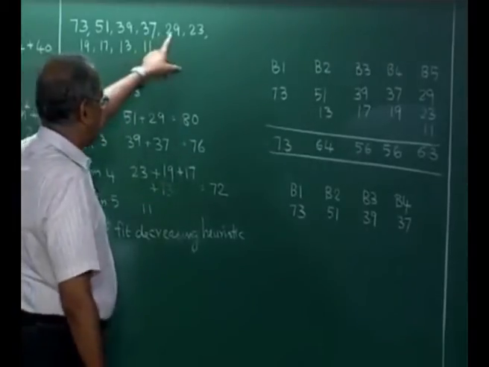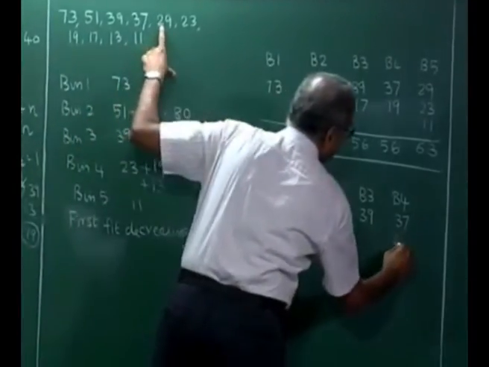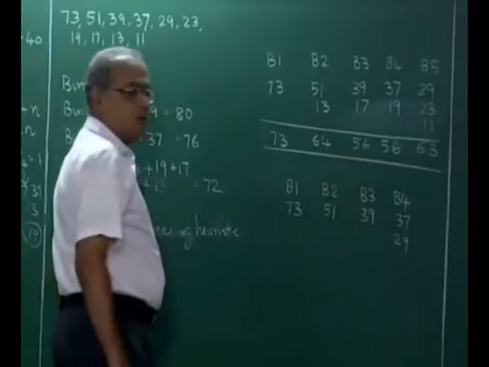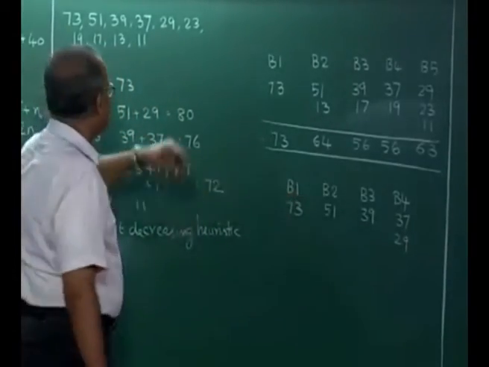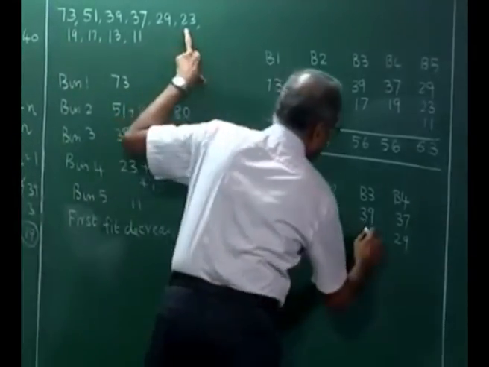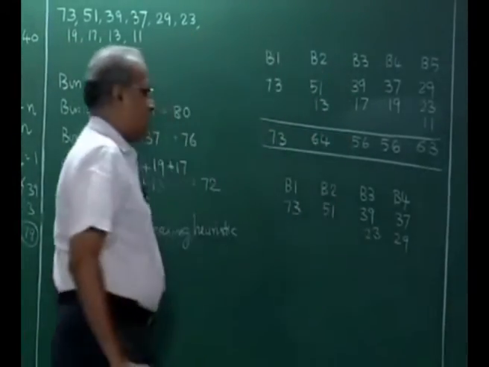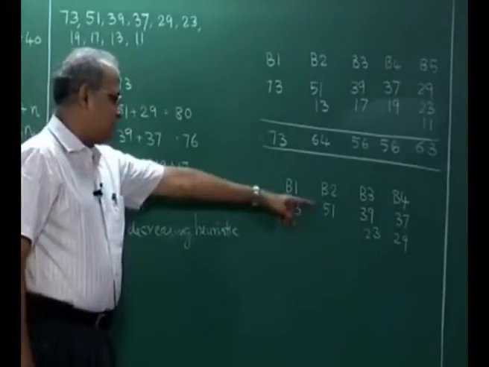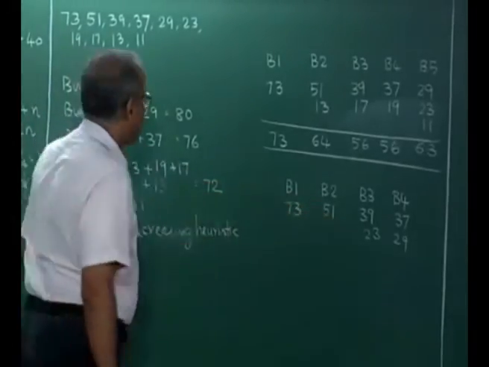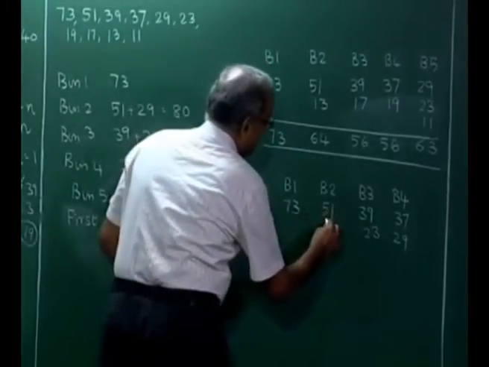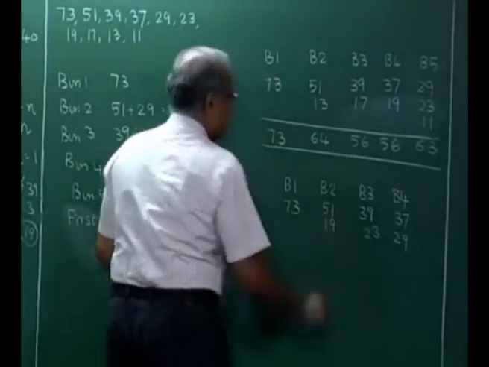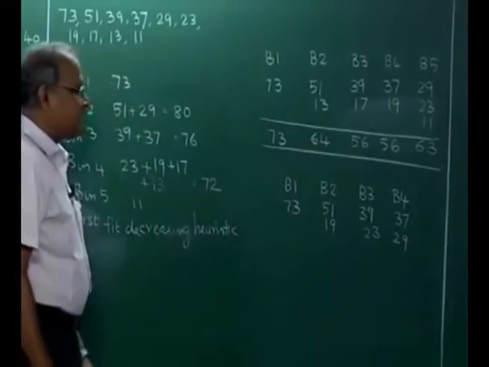So automatically from a load balance point of view, 29 will go here, because this is the smallest load. 37 plus 9 is 46 plus 20 is 66. Now 23 will come here, 39 plus 23 will give us 62. Now 19, this is 51, so 19 will come here, 51 plus 19 is 70.